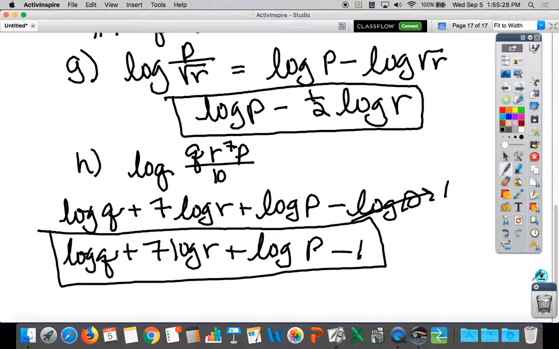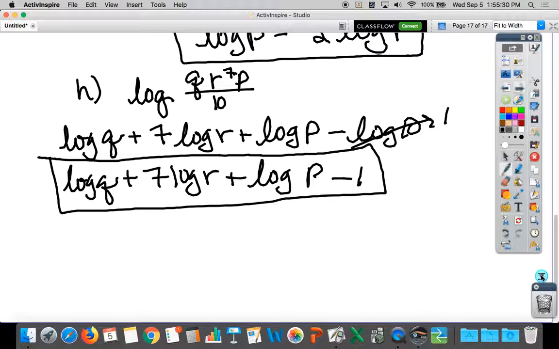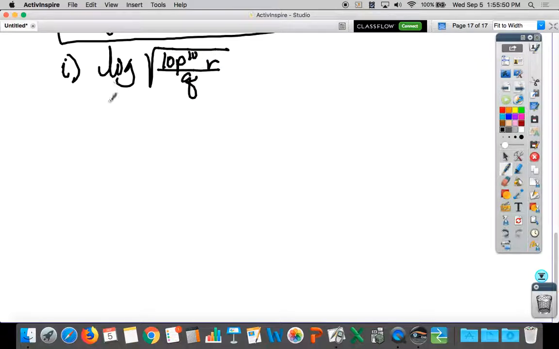Okay, let's look at I. Okay, so I'm going to change all of that to where it is to the 1/2 power.